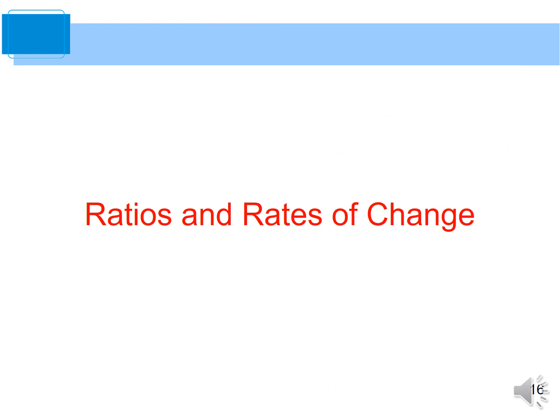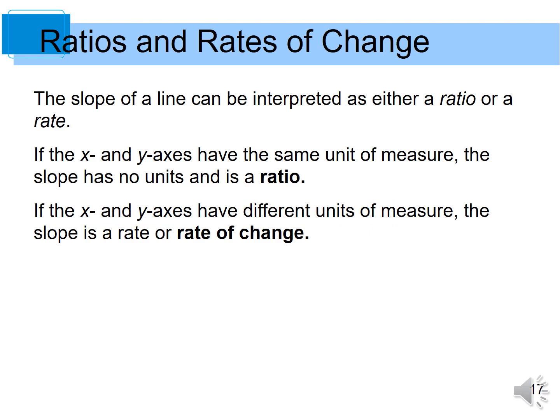Move on to the next objective. The slope of a line can be interpreted as either a ratio or a rate. If the x-axis and the y-axis have the same unit of measure, the slope has no unit and is a ratio.